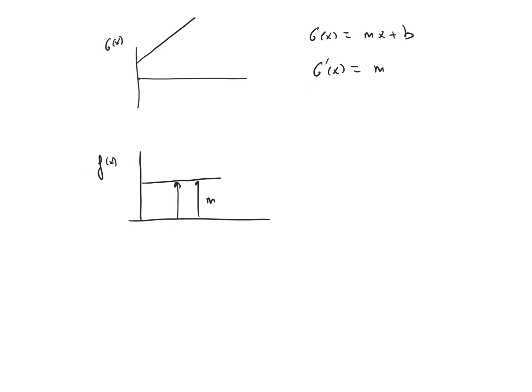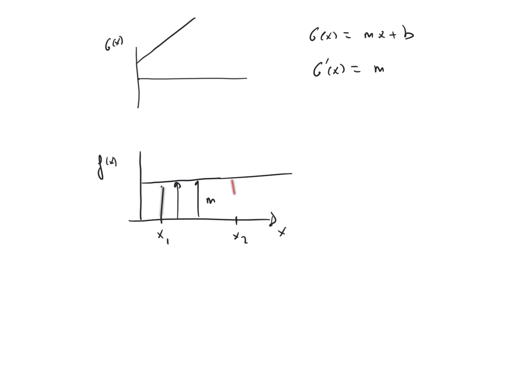This is m. Okay, so what does the first fundamental theorem of calculus say? Take one point x1. This is the x-axis. Take one point x2. See the area that is between x1 and x2.